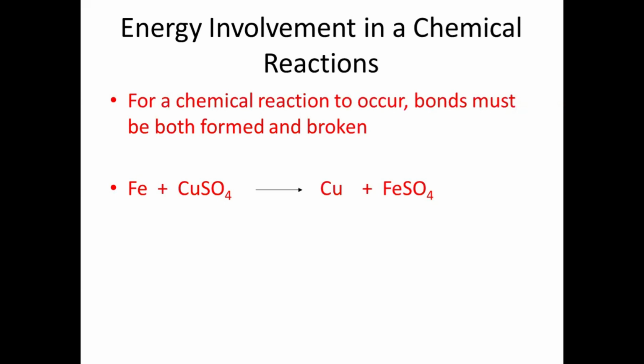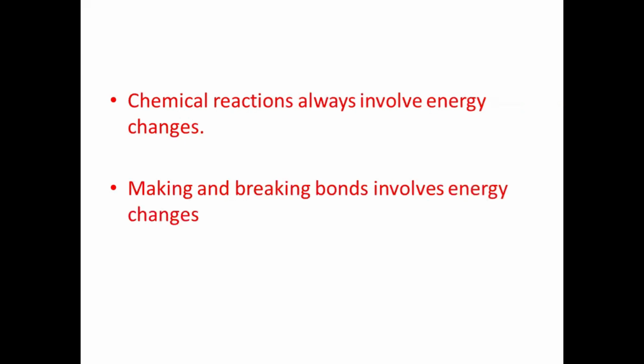For any chemical reaction, bonds must be formed and broken. For example, iron and copper sulfate is a displacement reaction where iron, being the more reactive metal, is going to displace copper from its solution. So obviously the bond between copper and sulfate ions will be broken, and new bonds between iron and sulfate will be formed.